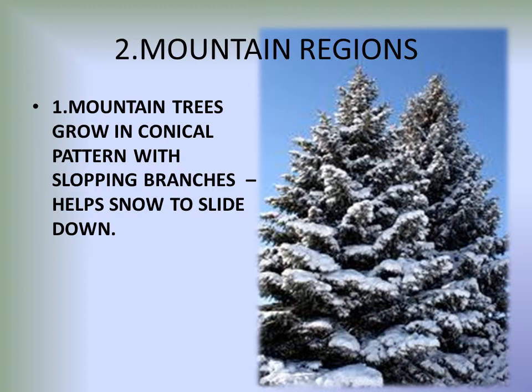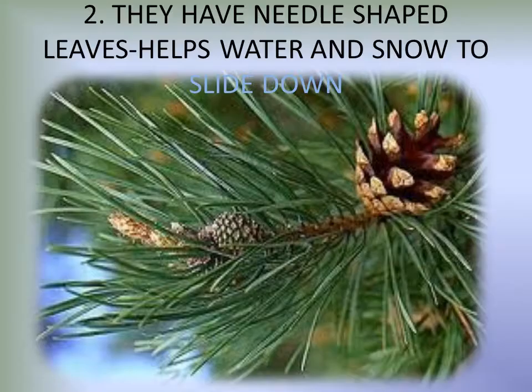The snow or water slides down the sloping branches. Then they have needle-shaped leaves, which help water and snow slide down, as already discussed.